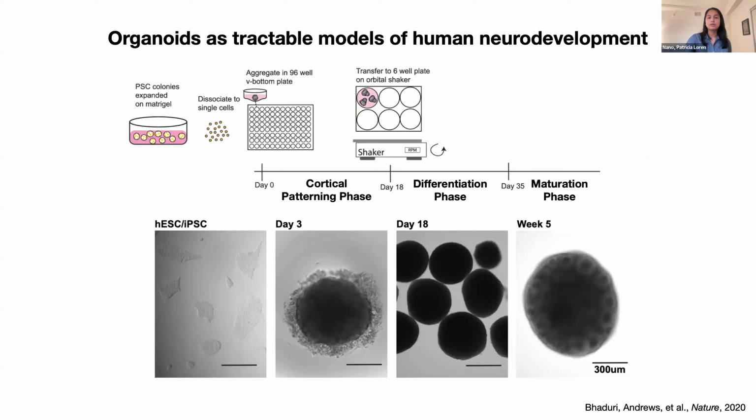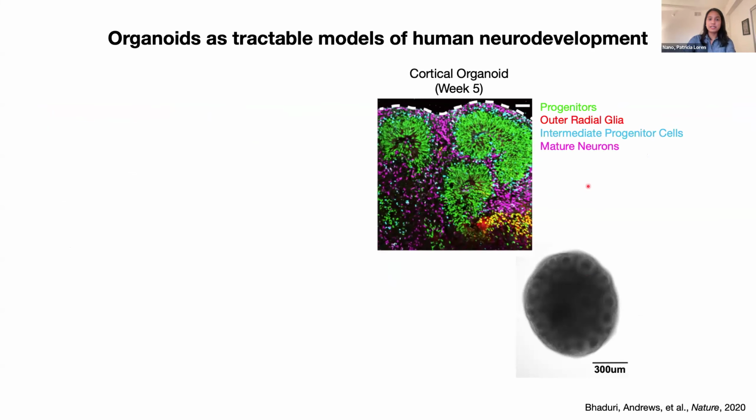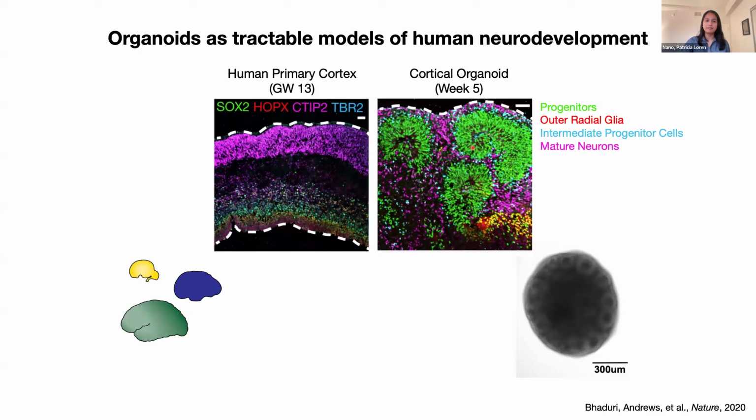In these cortical organoid spheres are rosettes. Rosettes are lined with progenitor cells and mature neurons that mimic the cell types that we see in developing human primary cortical tissue. And this architecture of progenitors in rosettes lined with mature neurons mimics the progression of these cell types in the developing human primary cortex.